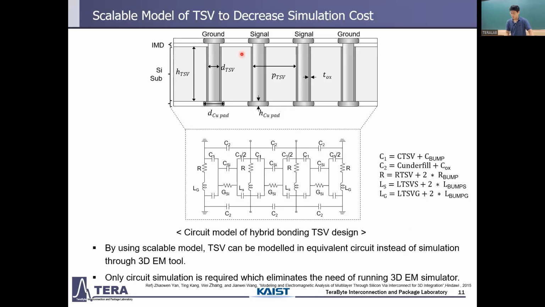We take the design parameters and change them into circuit parameters, which is a lot simpler than the 3D simulation part. We give the values, and this is done by previous research. So we eliminate the need of running a 3D EM simulator.